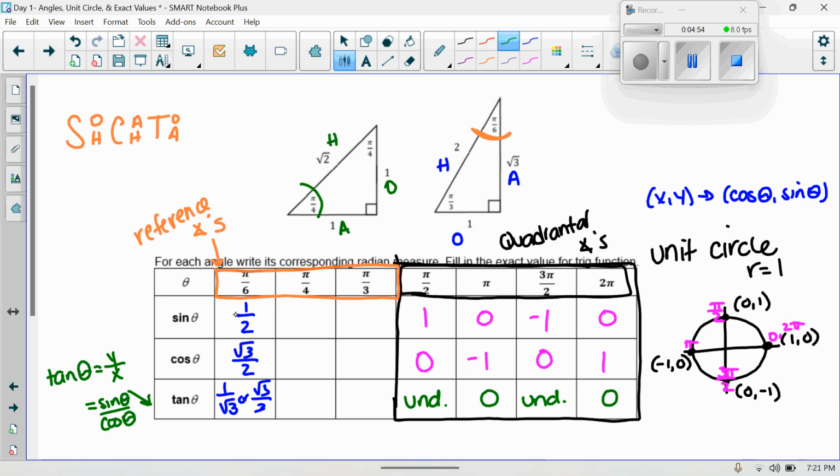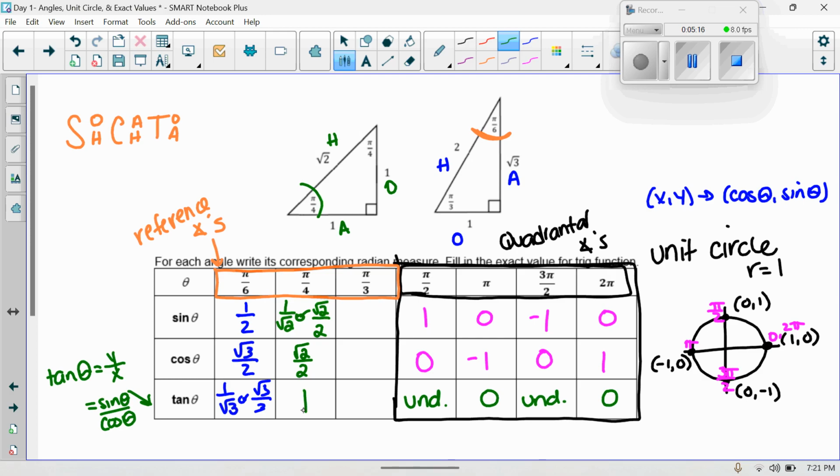So sine is opposite over hypotenuse, so it's 1 over radical 2, or more commonly going to be referred to as rad 2 over 2. Cosine is adjacent over hypotenuse, so same thing here, rad 2 over 2. And tangent is opposite over adjacent, 1 over 1, which is 1.